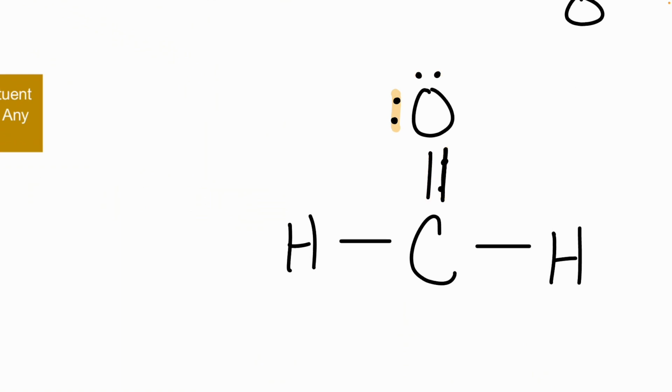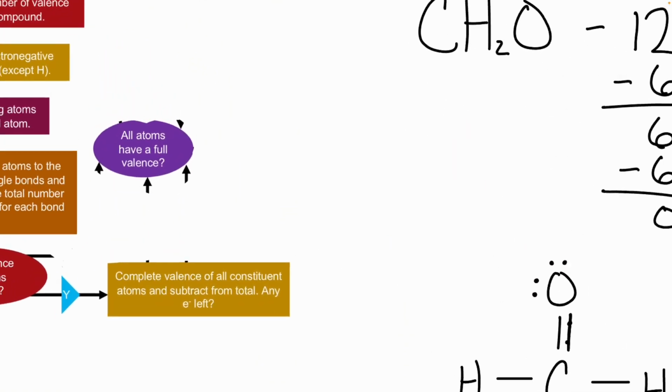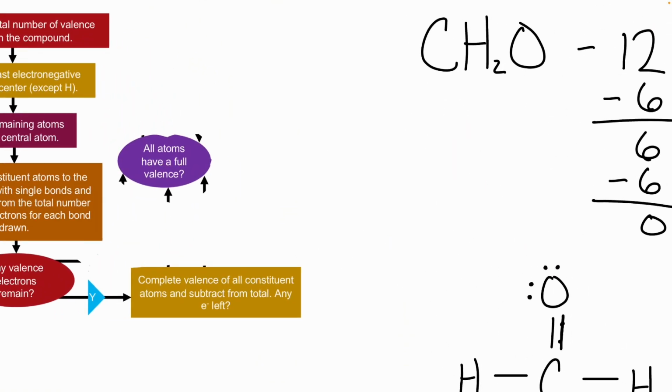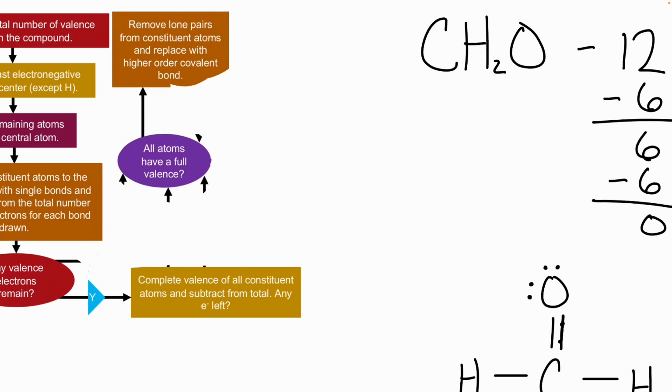But now carbon also gets to count that pair of electrons towards its octet. Carbon now has 2, 4, 6, 8. So what are we going to do if we get to a point where all of our atoms do not have a full valence? We're going to remove lone pairs from the constituent atoms and replace them with higher order bonds. Now if we check, everybody's happy.